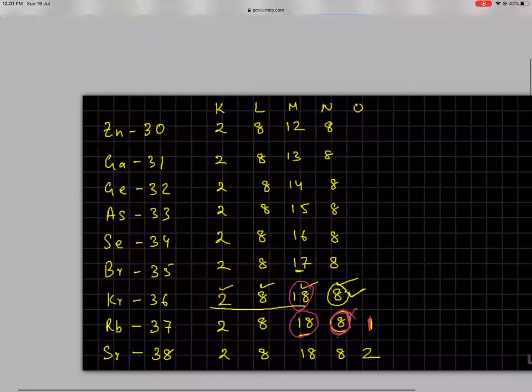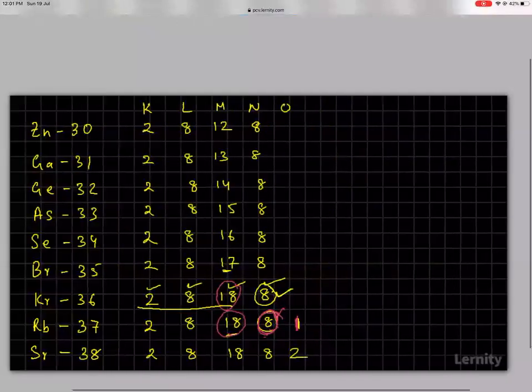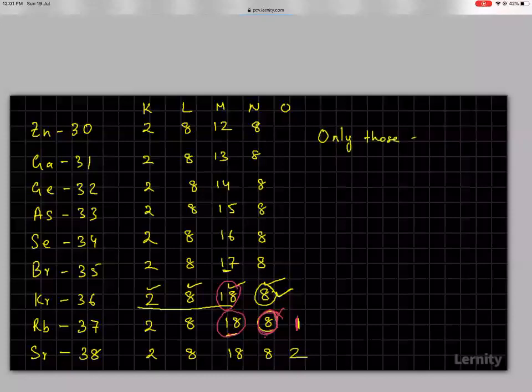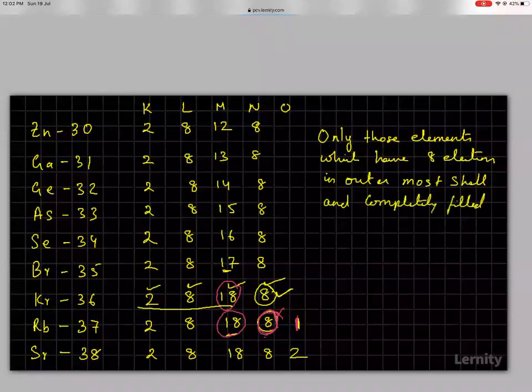I will write it here. Only those elements which have 8 electrons in outermost shell and completely filled inner shells are stable.